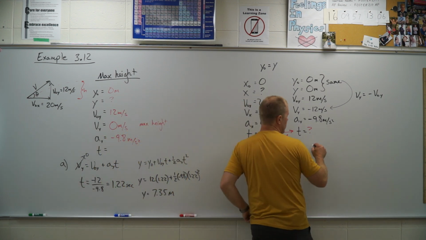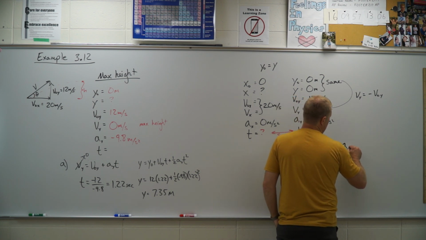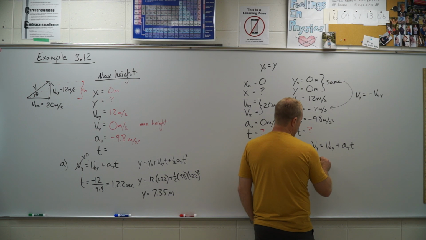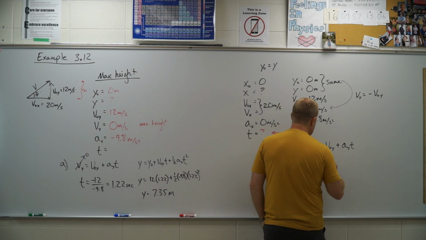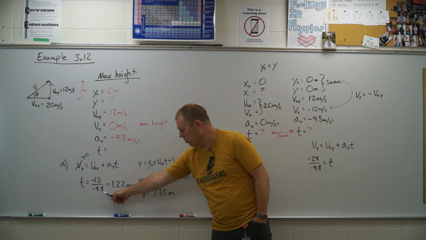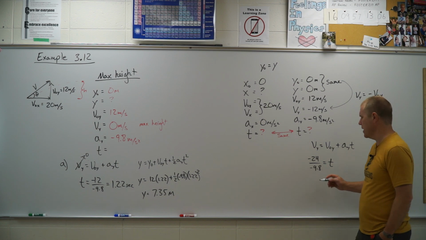Okay, I'm going to use equation number 1. So I have Vy equals V naught y plus Ay t. So moving this over, I end up with negative 24 divided by negative 9.8 equals t. Now they're going to ask me to compare this time over here, which is 12 divided by 9.8, with this time over here that's 24 divided by 9.8.